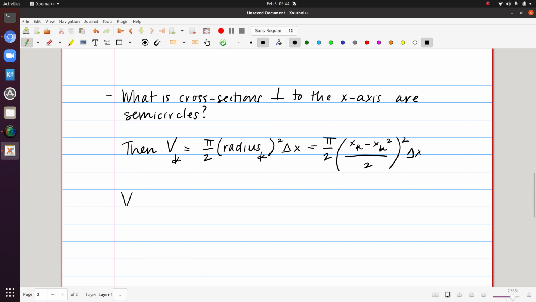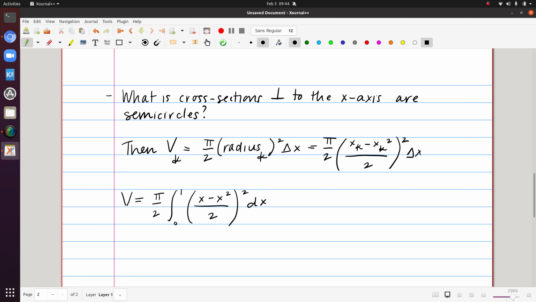So when we want to find the exact volume, looking at this, we would have pi over 2 times the integral from 0 to 1 of (x minus x squared) over 2, all squared, dx.